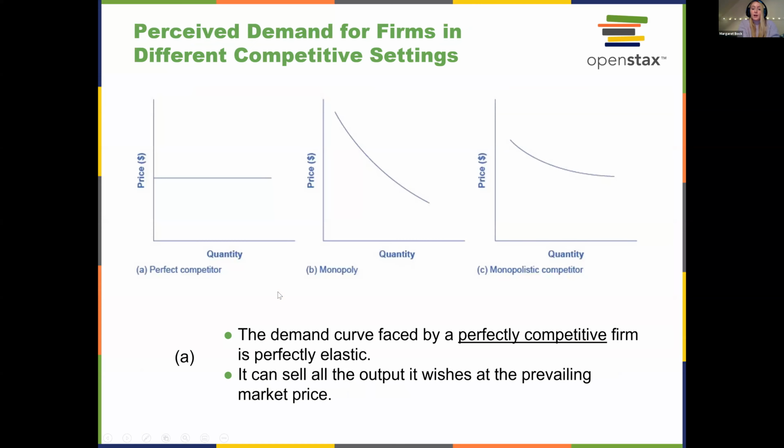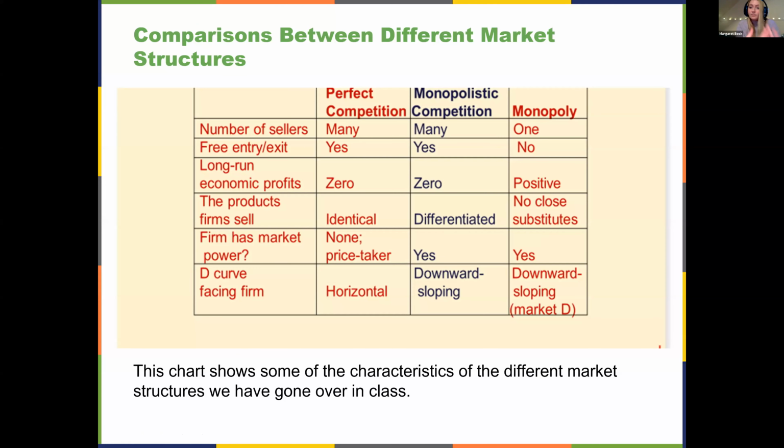And if you remember from the monopoly videos, we explored the difference between the firm demand curve for a perfectly competitive firm and the firm demand curve for a monopoly. And we saw that because all of the firms in perfect competition are selling the exact same thing, the demand for every firm in that market is perfectly elastic. It's horizontal.